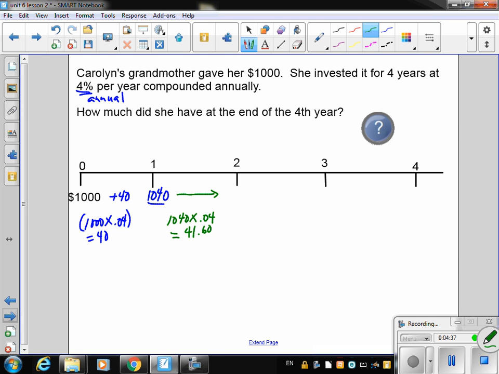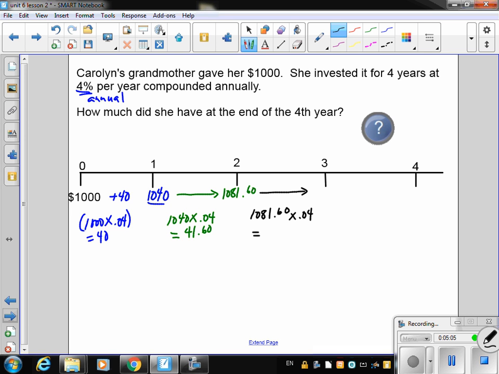We'll add that on to the $1,040. She now has $1,081.60. Another year and another 4%. But she's earning that 4% on a slightly bigger number. So the interest should keep going up a little bit every year because she's got more to earn interest on.